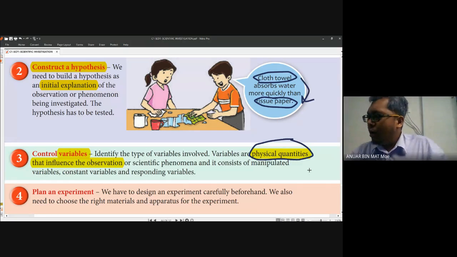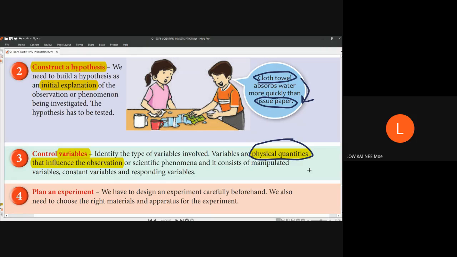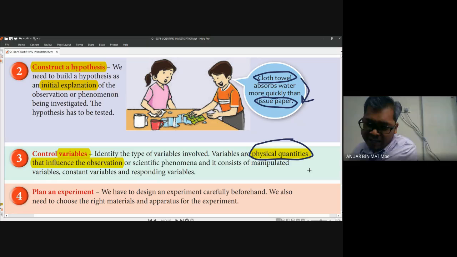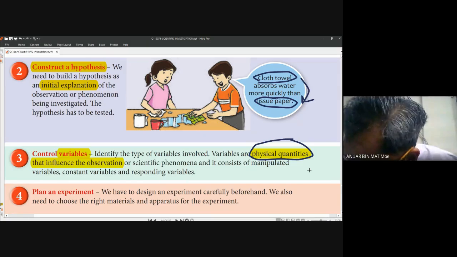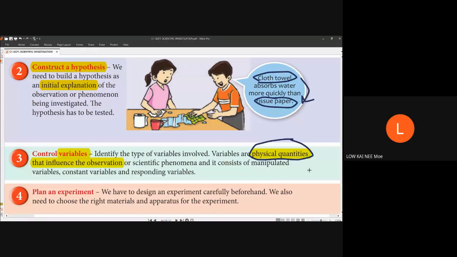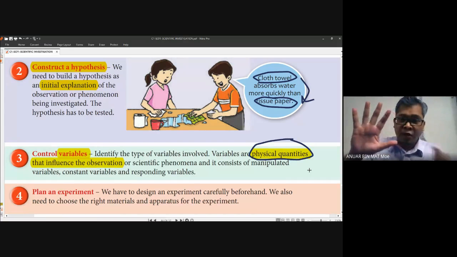I think in topic 1.3. Yes. Anybody? Meter, kilogram. Yes, meter, kilogram. How many? There are 5, right?